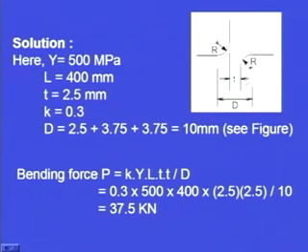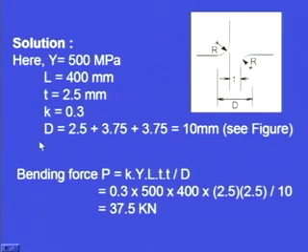Then this also is 3.75. So, 3.75 plus 3.75 plus this value of T, 2.5, the value of D, that is the die opening, comes out to be 10 millimeter. According to this figure we have been able to calculate the value of D.